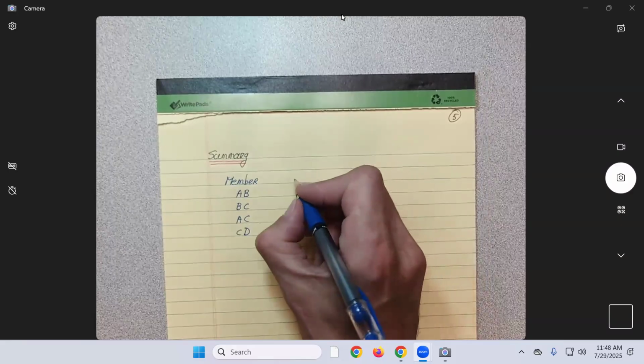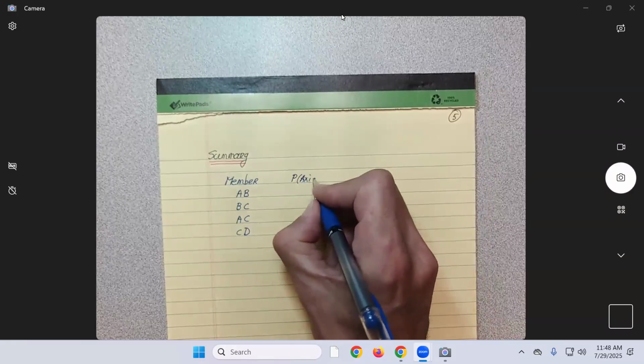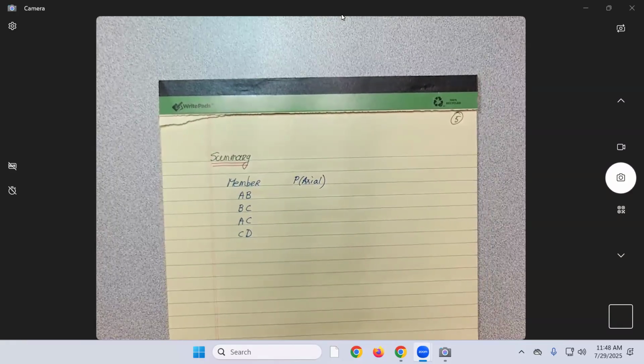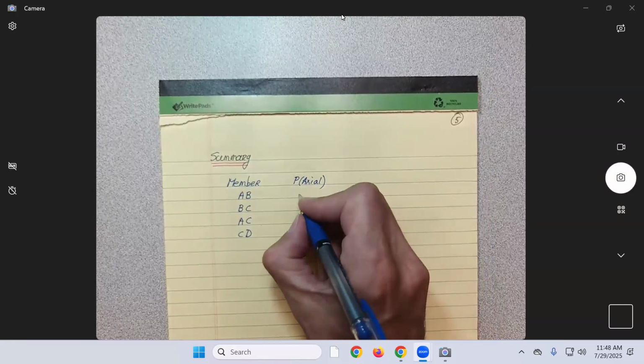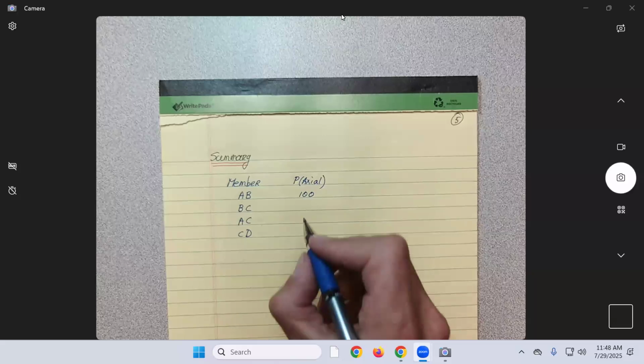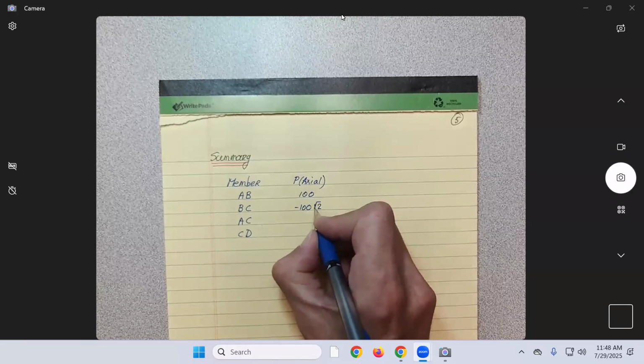All right, we just calculated the value of the axial force on each one of these members. So let's see, we go to member AB. We had 100. BC, minus 100 square root of 2.